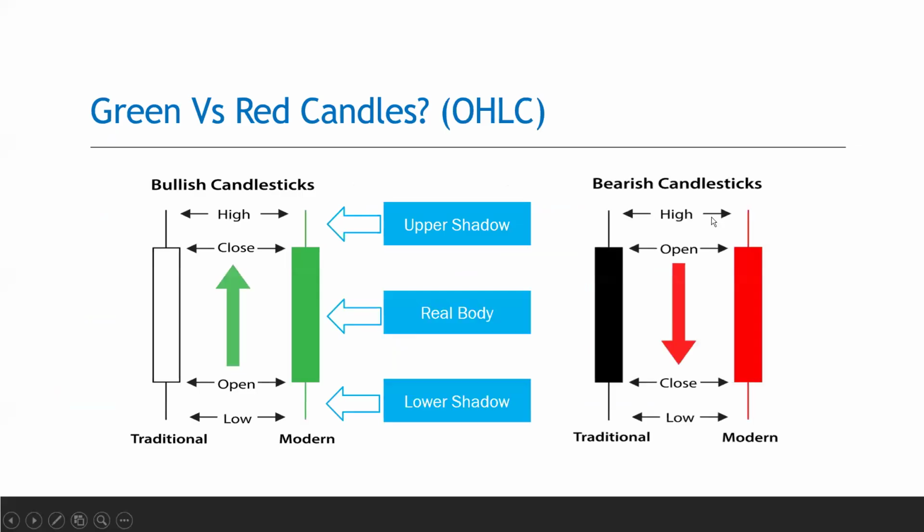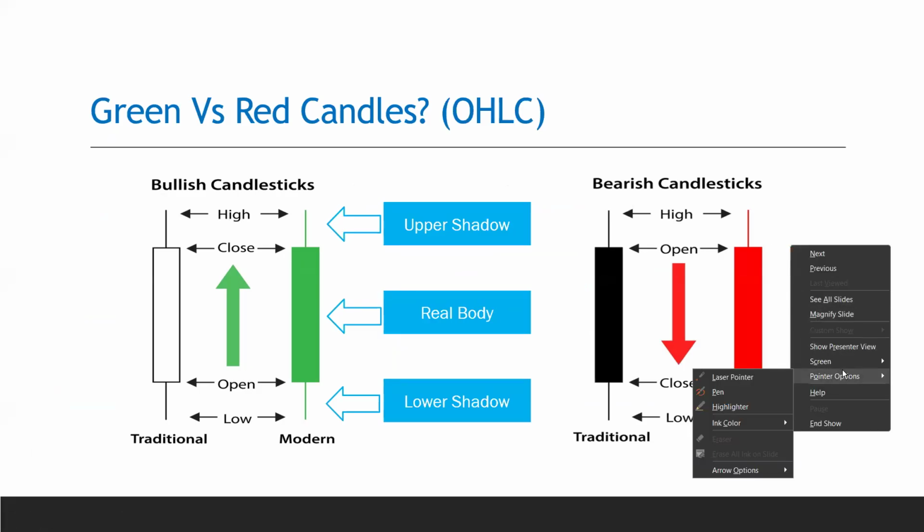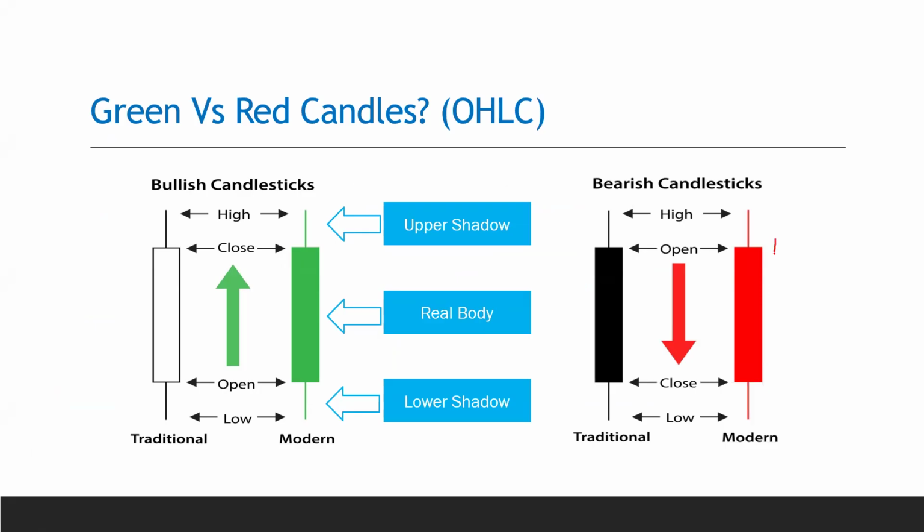In case of a red candle, or you can also call it a bearish candle, stock opens at 100. Same story again, of Saudi Arabia kind of removing its money from Reliance.